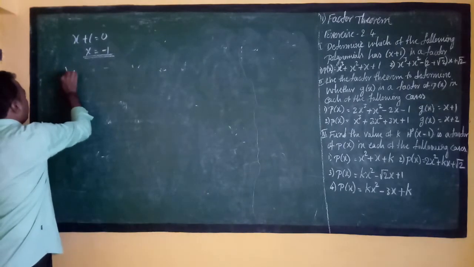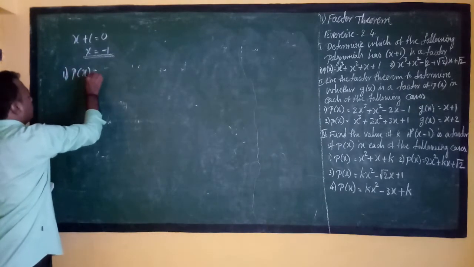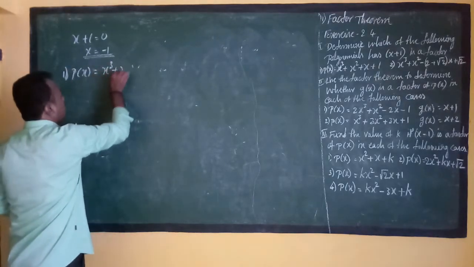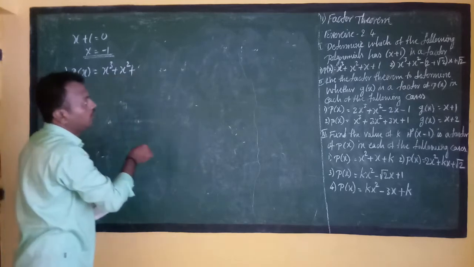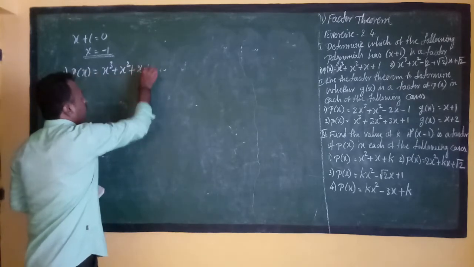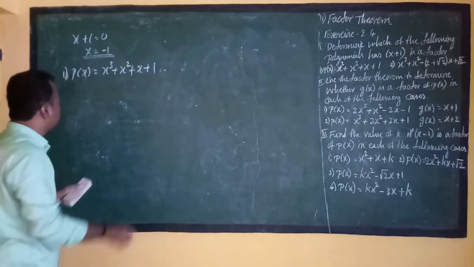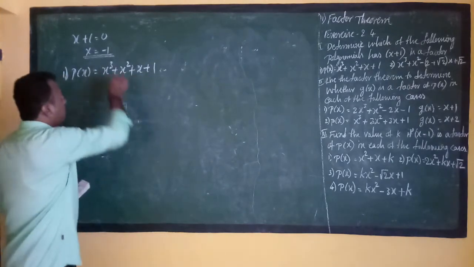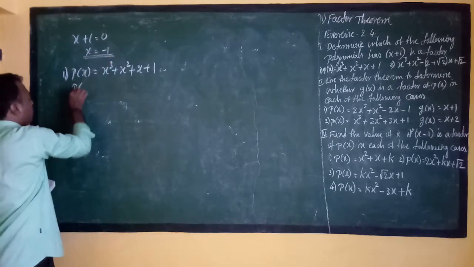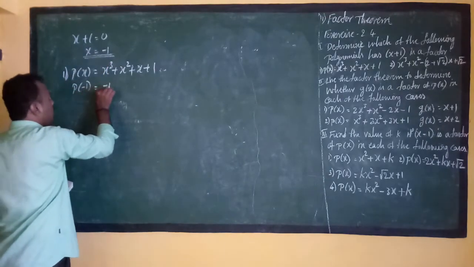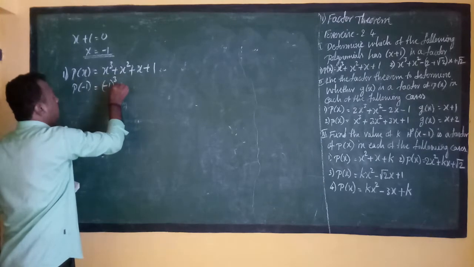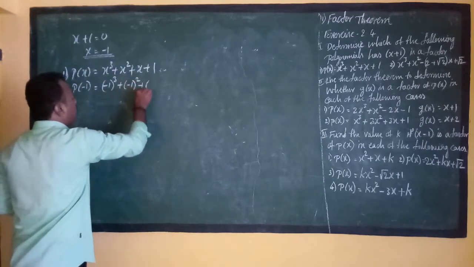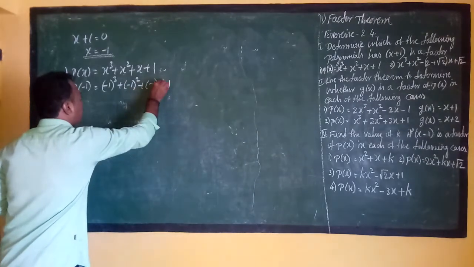First one, p of x is equal to x cube plus x square plus x plus 1. This value we have to substitute. P of minus 1 is equal to minus 1 whole cube plus x square means minus 1 whole square plus minus 1 plus 1.